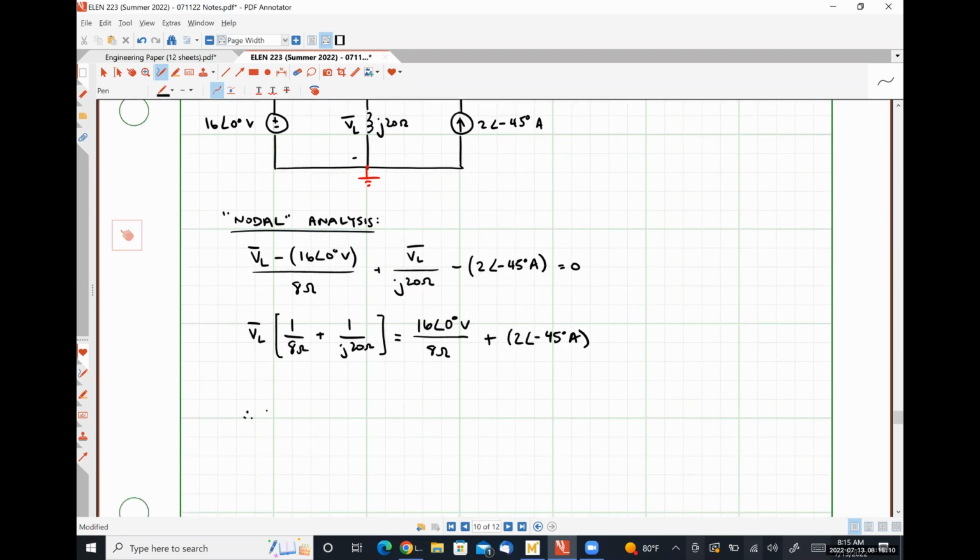And thus VL is 16 angle 0 degrees volts over 8 ohms plus 2 angle negative 45 degrees amps divided by 1 over 8 ohms plus 1 over J20 ohms. I'm going to throw this in my calculator.